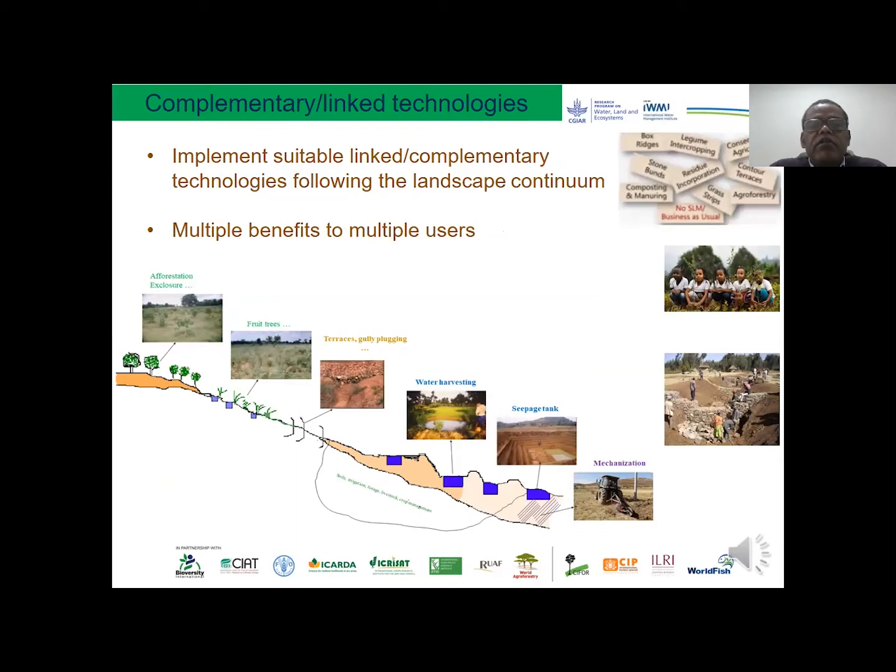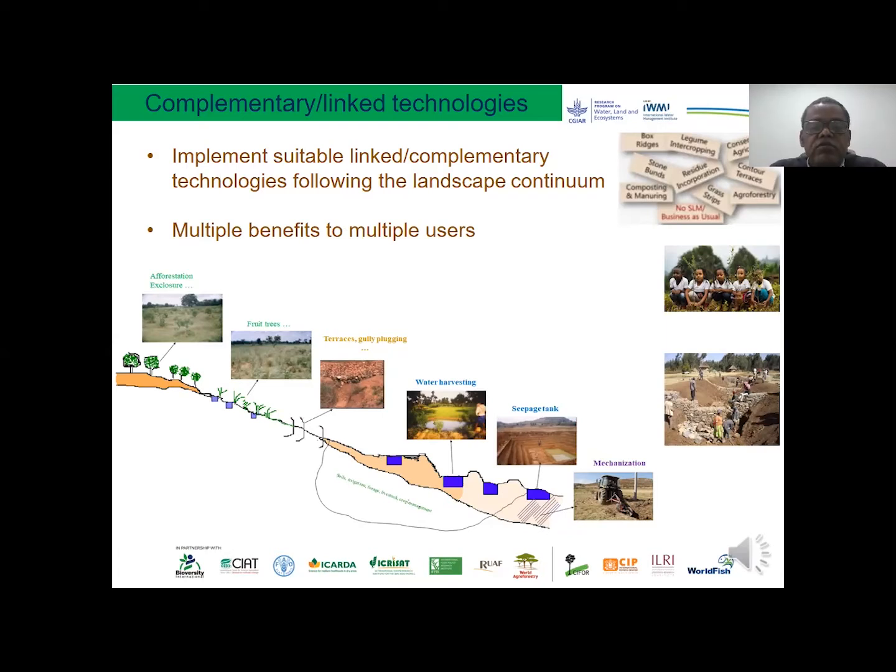One is complementary or linked technologies: the need to implement complementary technologies following the landscape continuum in order to generate multiple products or services from those interventions. Because in most cases, the experience is to implement one kind of intervention, like afforestation or trees, on some part of the landscape, while there is a need to integrate different interventions across the landscape in order to get multiple benefits for multiple users.